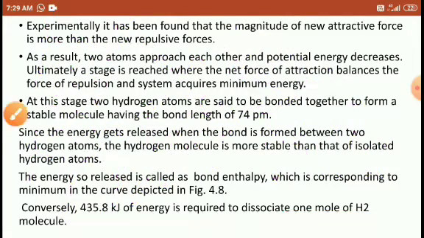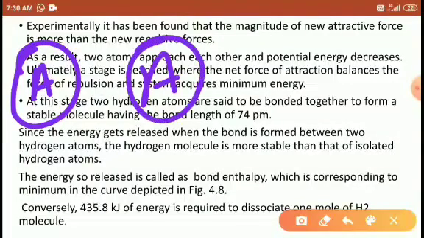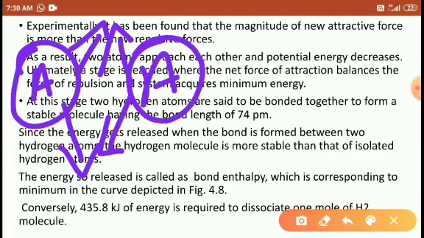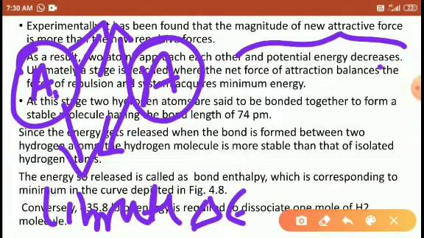So when atoms approach each other, they liberate energy. If they liberate energy, it means the potential energy decreases. When they release energy, the potential energy decreases and the kinetic energy increases.